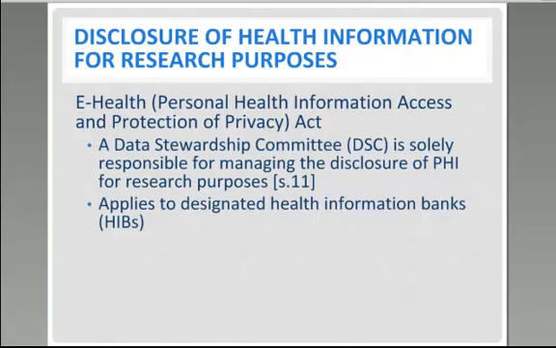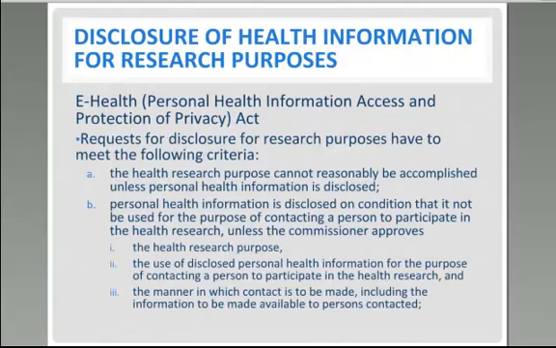So again, we see certain common elements. You need PHI, i.e. identifiable information. Again, prohibitions on contacting the individual unless the commissioner approves the purpose, the contact, and the manner in which the contact must be made. So you'll see some of these were effectively copied, I think, from FOIPA.